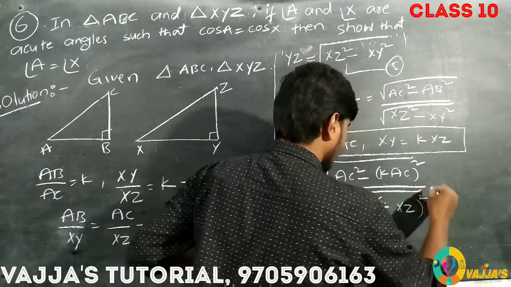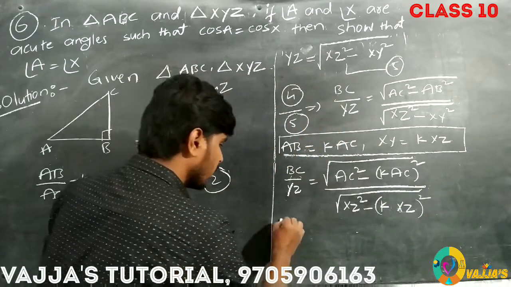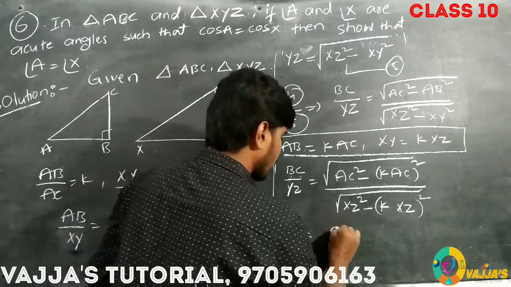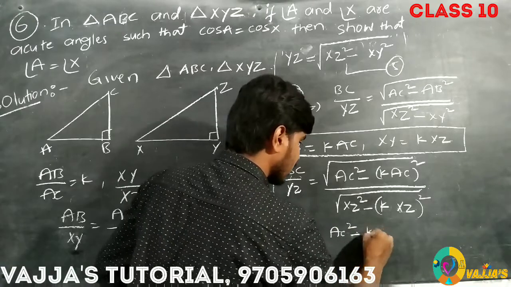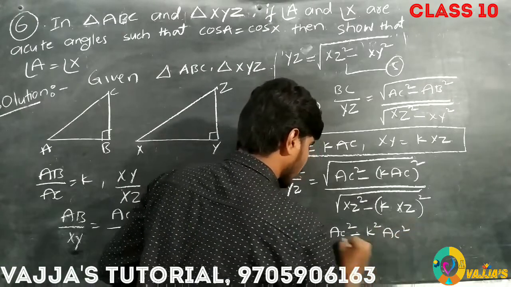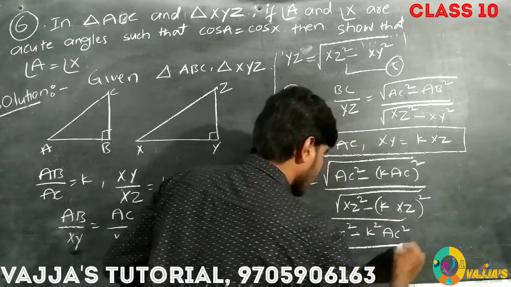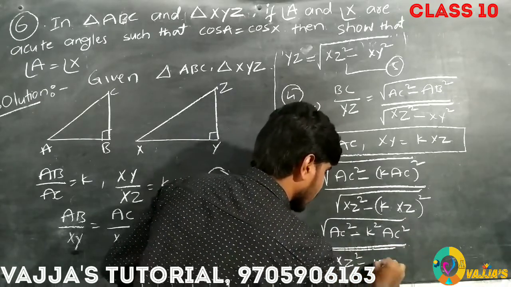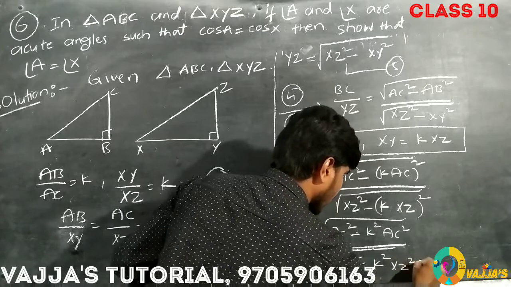Next, BC by YZ is equal to AC square minus K square AC square by XZ square minus K square into XZ square.